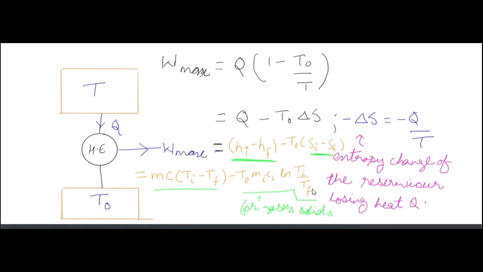If it had been gases, the gas formula should have been there, considering Cp, Cv and R values. So don't consider it for gas, it's for liquids and solids: m C ln T2 by T1 is for liquid and solid.